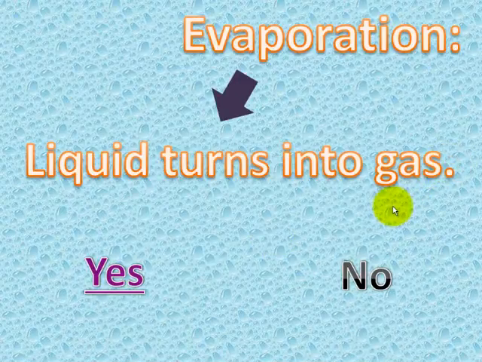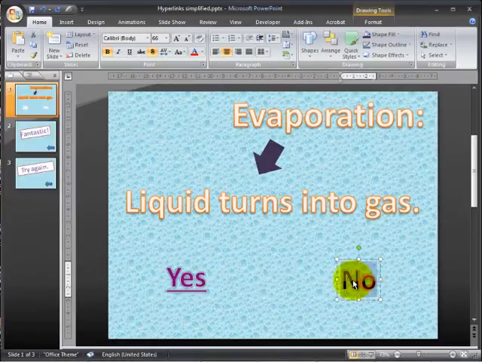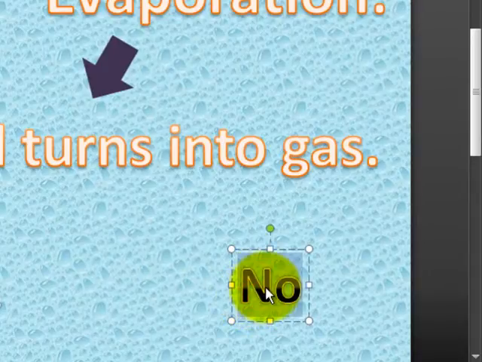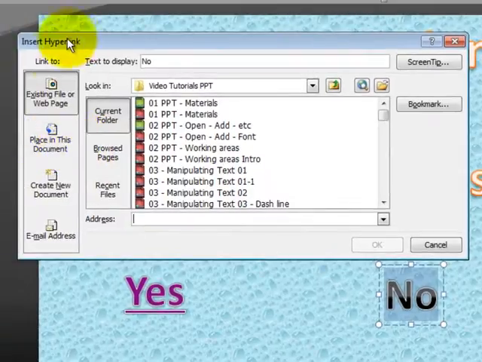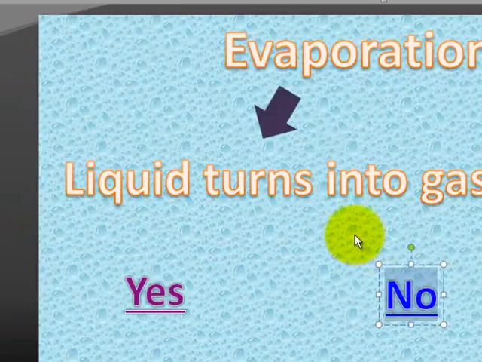Another alternative that you have, and I'm going to show this with no, is by, again, I double click the no word to select it. I right click and I choose hyperlink. I'll tell the program to link this to a place in this document, and that is slide number 3. I have pressed OK.